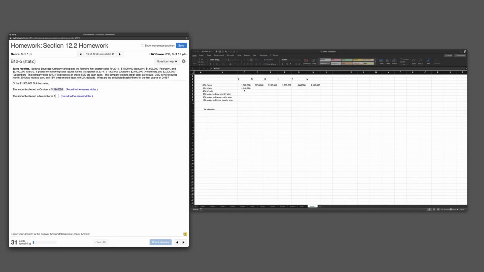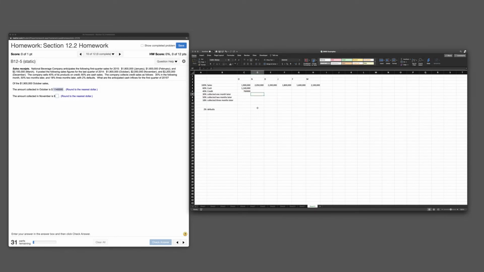So now we're going to take a look at the credit. Well, we need to know that the rest is credit. In other words, 40% of the total sales is credit. Now we have to figure out where this credit is going to be received in terms of cash.